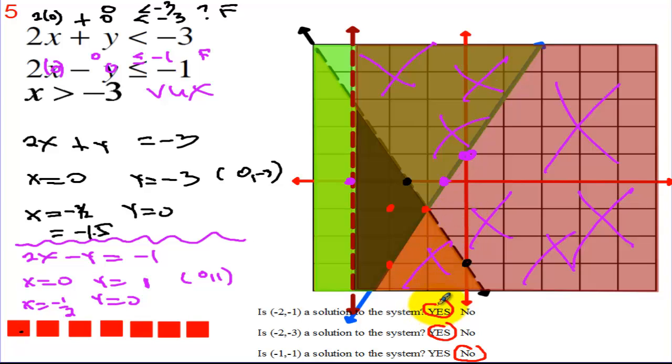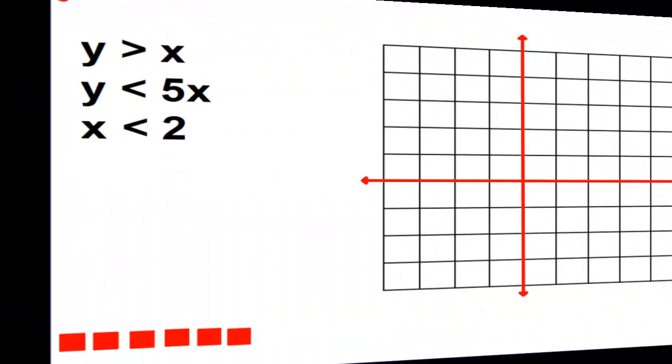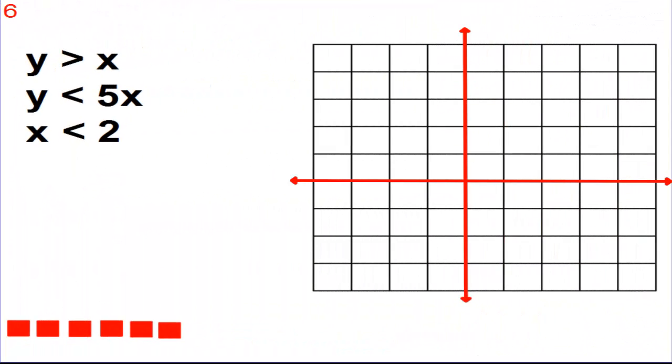Alright, so there we go. This is the answer for problem number 5. Alright, problem number 6. Let's find the graph of this system of inequalities. So we have y greater than x. Slope here is equal to 1 over 1 or negative 1 over negative 1. And the y-intercept is equal to 0.